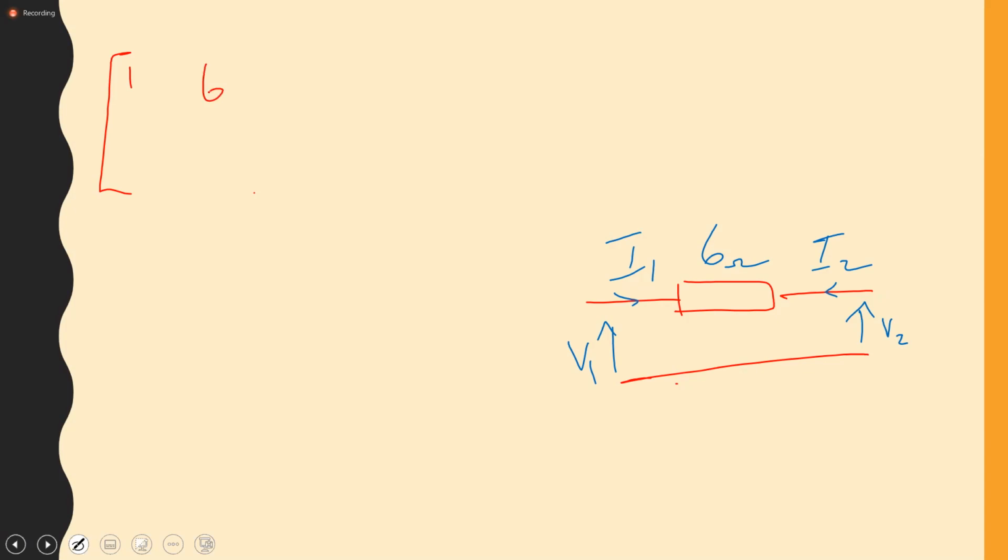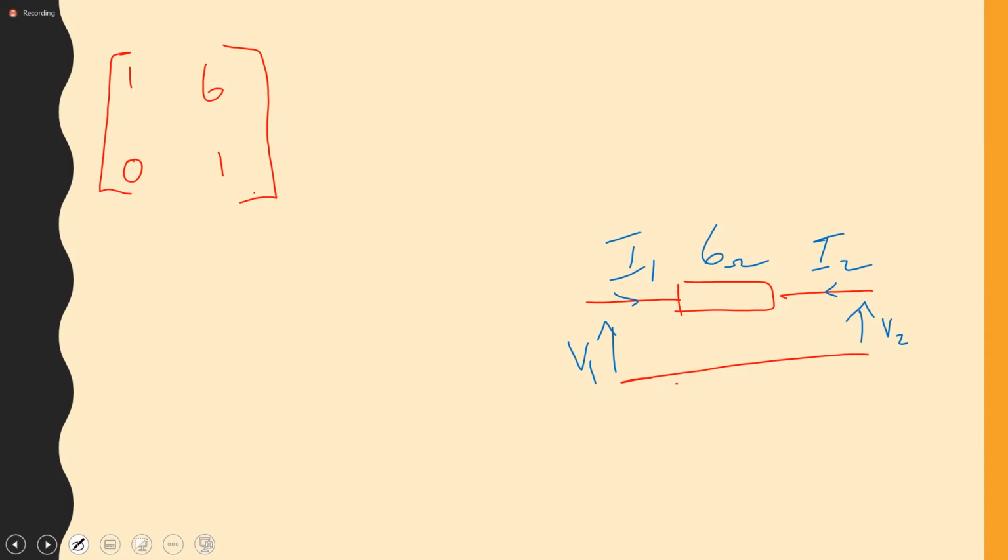What I'm asking for is the transmission parameters. Sir, it's 0, 1, 1, 0. All right, quickly. Let's go through this.